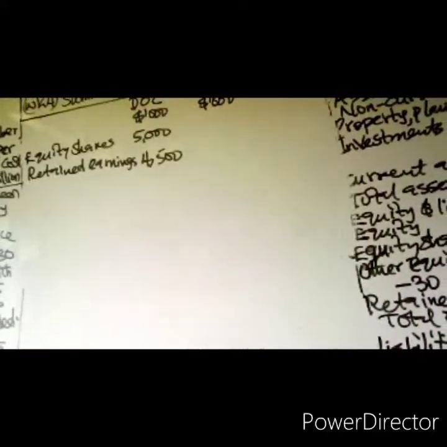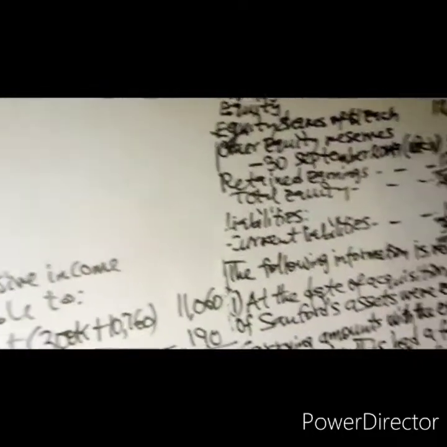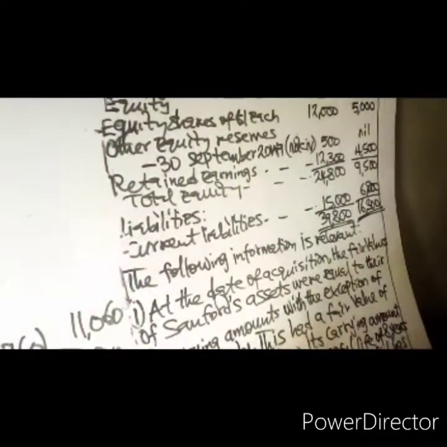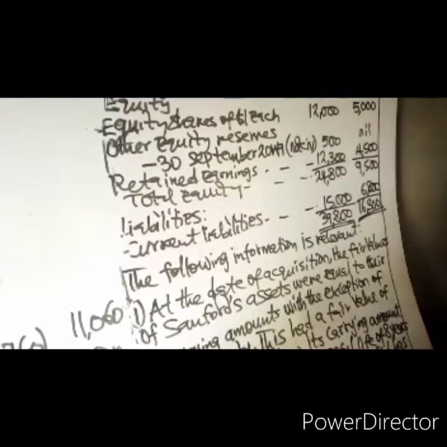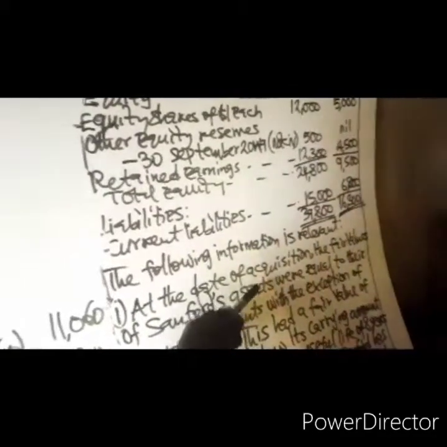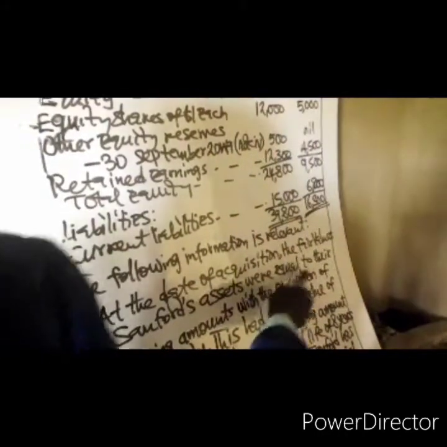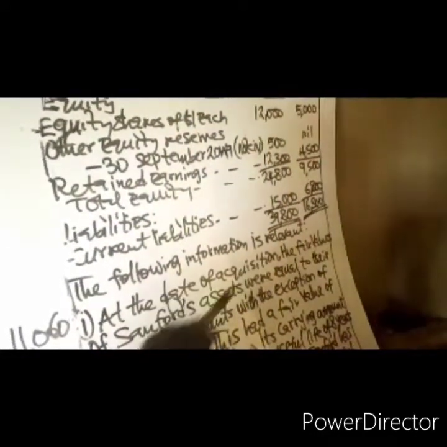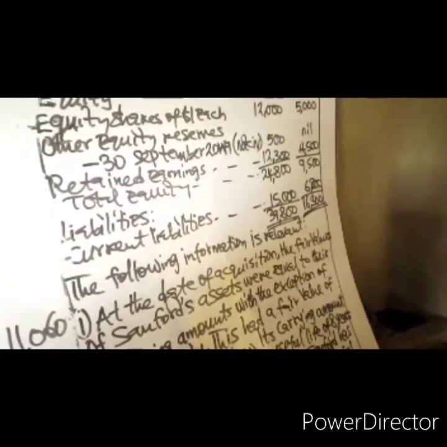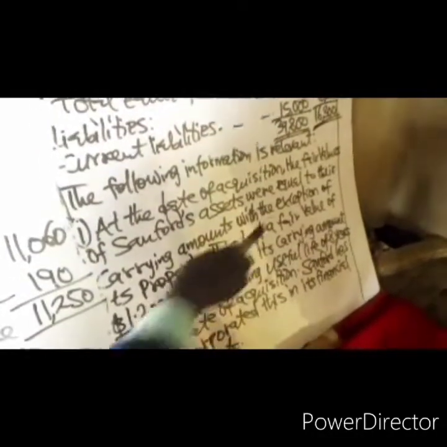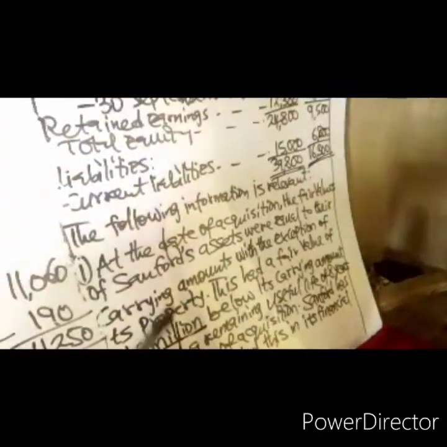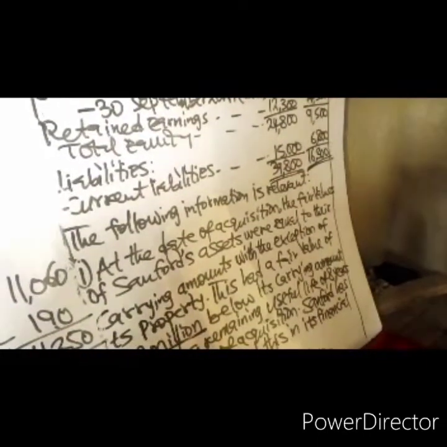You were told from note 1 that at the date of acquisition, the fair values of Sanford's assets were equal to their carrying amounts, with the exception of its property.